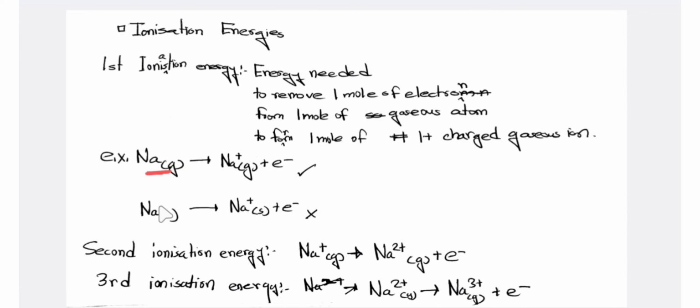The atom must be in gaseous state, not in the solid or liquid state, to form 1 mole of gaseous 1+ charge ions. So this is the first ionization energy.